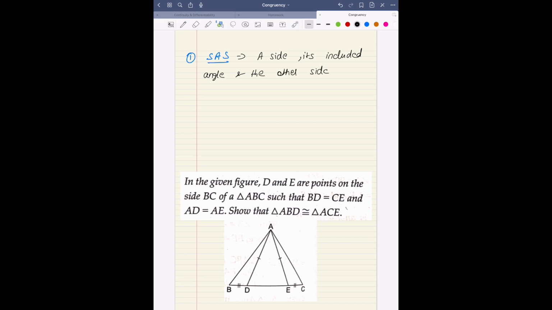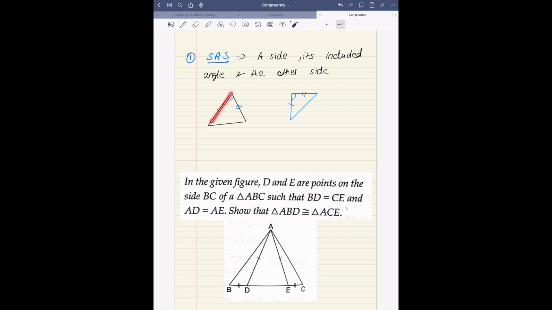So let's say you have two triangles, and assuming that this side, this side, and this side are equal, and this particular angle is equal.